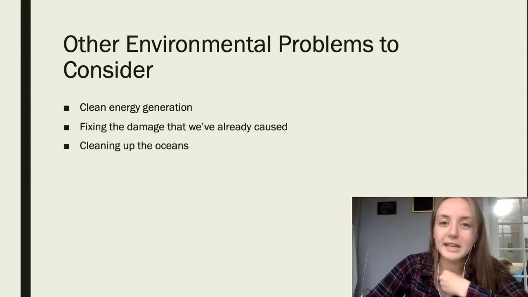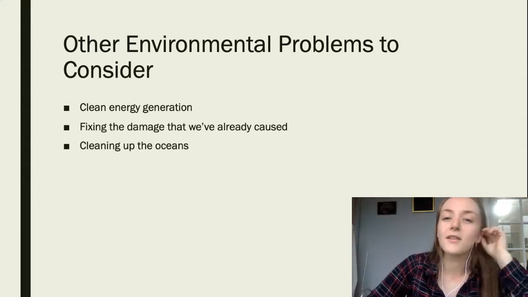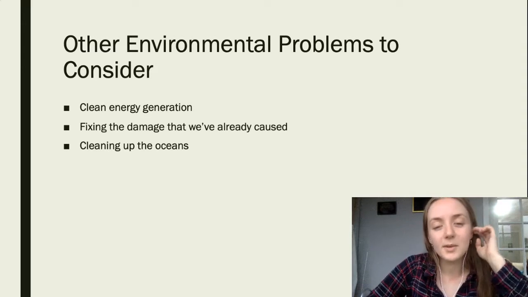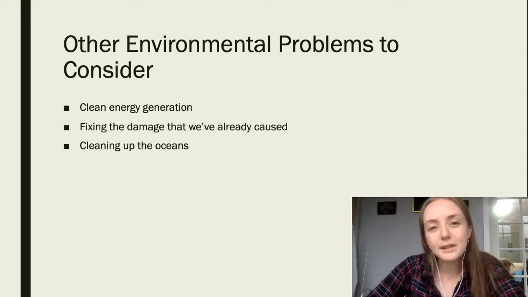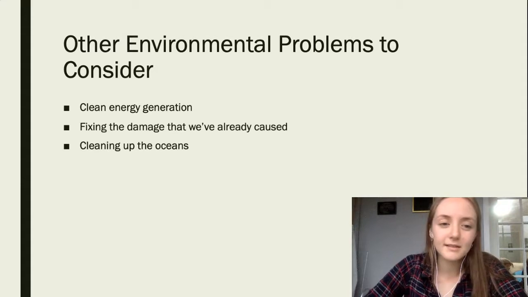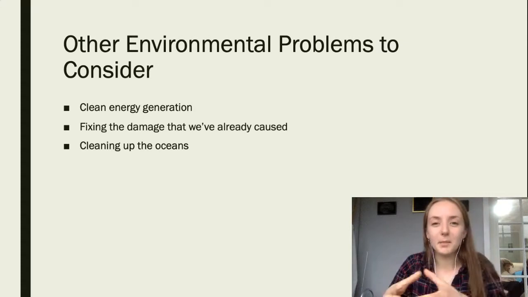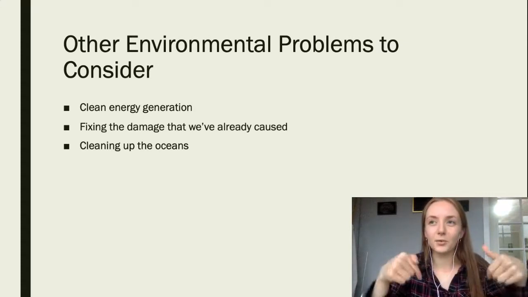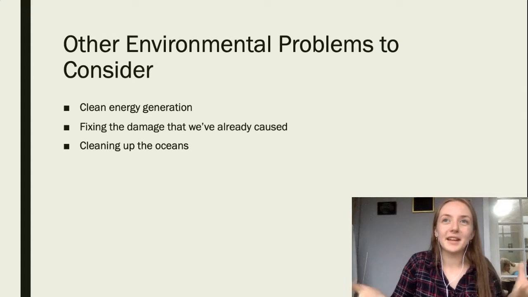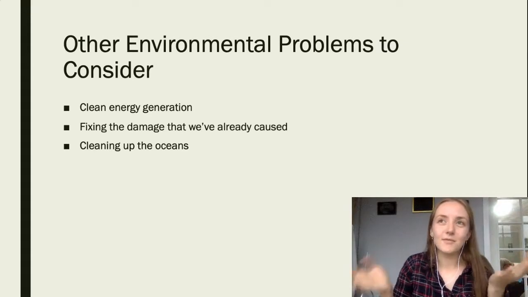Cleaning up the oceans. Again, we've kind of discussed this with the river problem, the rubbish in the river, but can you think of ways that we can engineer some products to help clean the oceans? Again, we need to consider the negative effects of what we're doing. So, for example, I saw this video of this kind of like bin floating in the water, and it sucked water through and trapped rubbish from the ocean and then let the water back out.